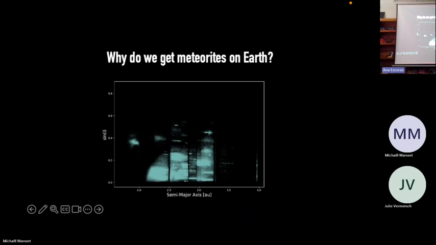So here is an orbital plot of the asteroid belt: orbital inclination as a function of distance from the Sun, the semi-major axis. You can see that the objects are not randomly distributed. There's quite some structure in there, right? You have these vertical empty zones and lots of clusters, and these clusters actually originate from collisions.